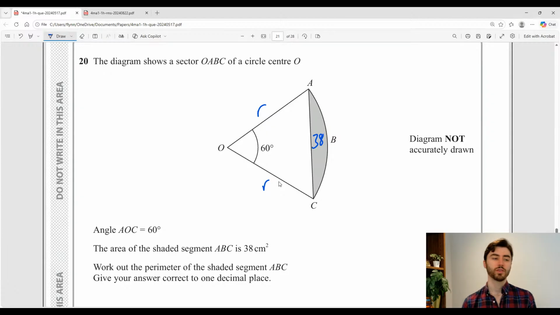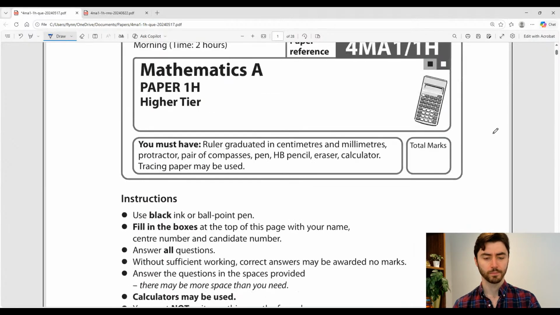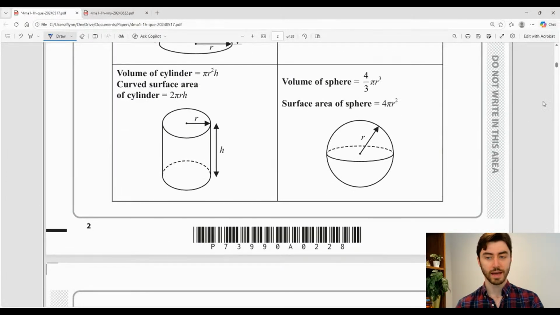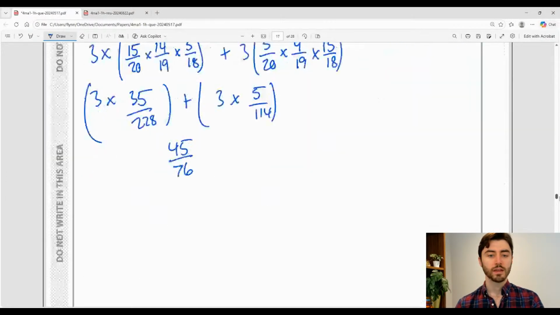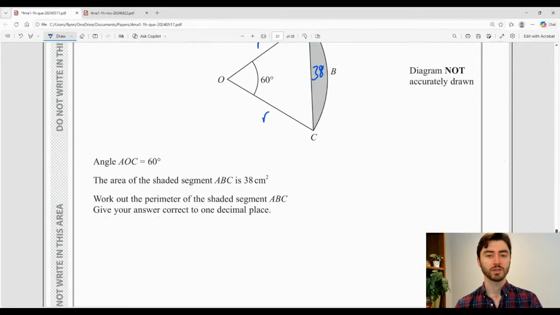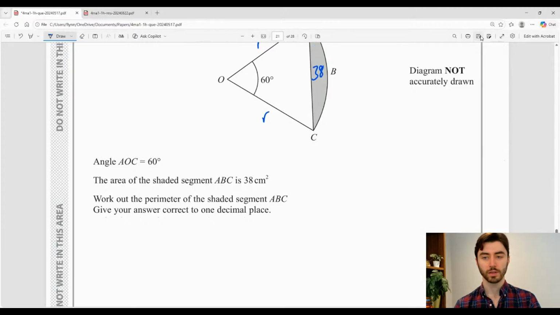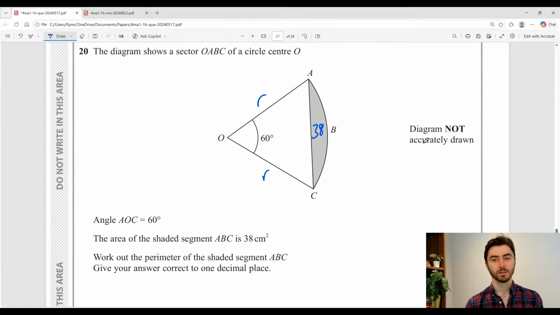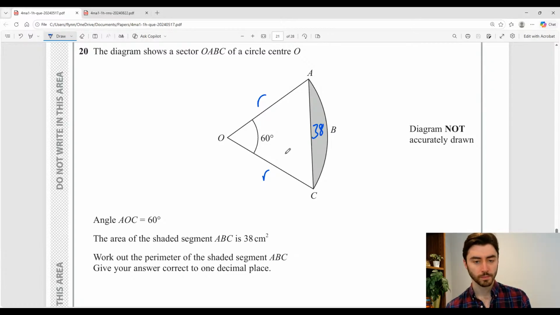I know that that 38 is equal to the area of the segment minus the area of the triangle. And the area of the segment, is this given in the formula sheet, or do you have to know it? I think you have to know it. Yeah. So the area of the segment is given by what fraction of a circle you're working with. So in this case, you have 60 degrees.